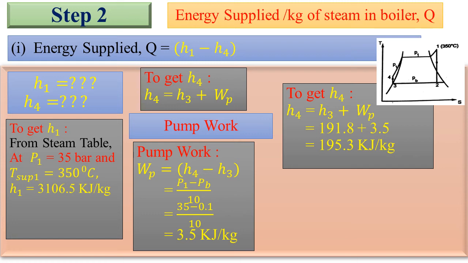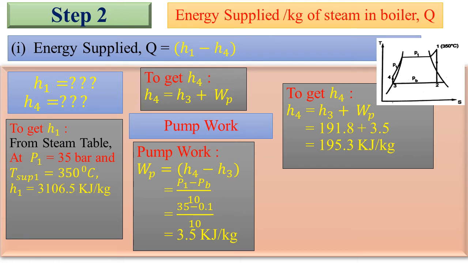But point 3 does not lie between the saturated liquid and saturated vapor line, so we will not refer to the HFG value. Also point 3 does not lie on the saturated vapor line, so we will not refer to the Hg value. Point 3 lies on the saturated liquid line, therefore we will refer to the HF value from the pressure based steam table at 0.1 bar, and that value is 191.8.